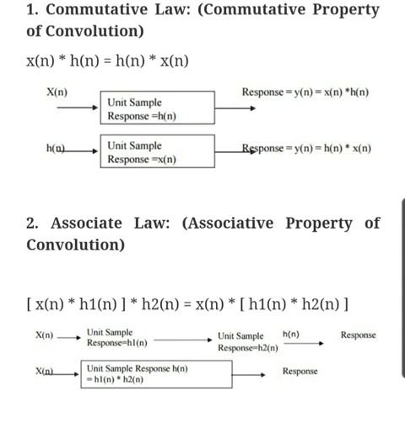So we put m equal to n minus k as the new index of summation in the equation, so k is equal to n minus m.